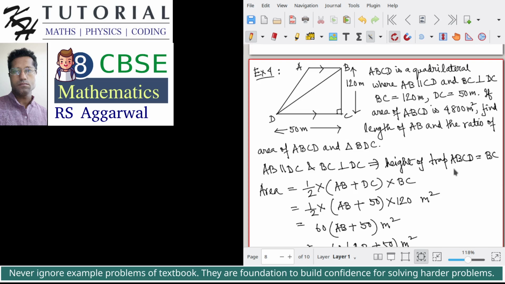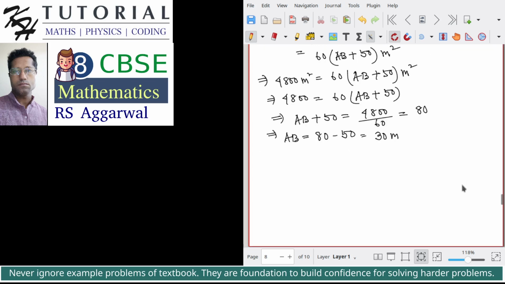The area of the trapezium ABCD is given to be 4800. We have to find the area of the triangle BDC. Now for the triangle BDC, DC is the base and BC is the height. Let's say this be A2, let's say this be A1.